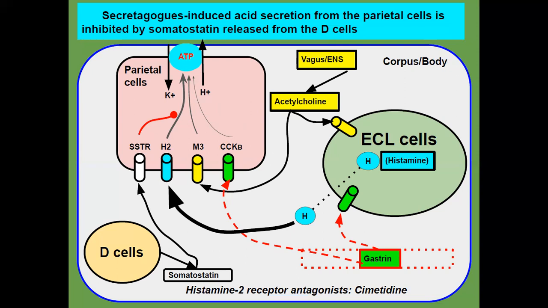Eventually the acid secretion will increase, but at some point acid secretion cannot go on forever and also needs to stop. What kind of mechanism does this? In the corpus, or body of the stomach, we have the D cell. In some circumstances, it will release a polypeptide we call somatostatin. The somatostatin will bind receptors on the parietal cells to inhibit histamine-induced acid secretion.